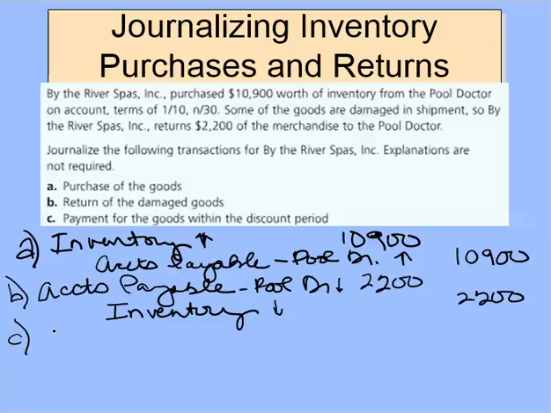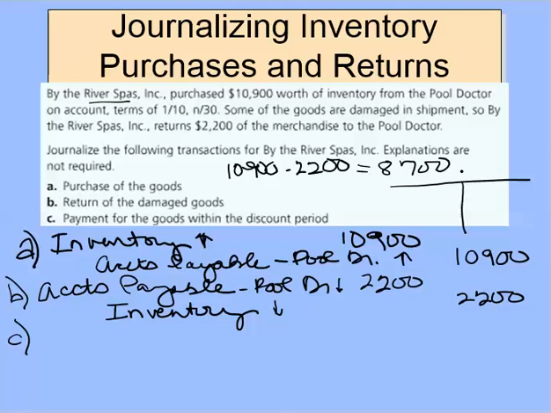Part C, we're going to go ahead and pay for our merchandise within the discount period. Well, there's a couple of things going on here. One, how much did we actually buy from the Pool Doctor? Well, we ordered $10,900 and we returned $2,200. So that means we really only have $8,700 worth of merchandise.